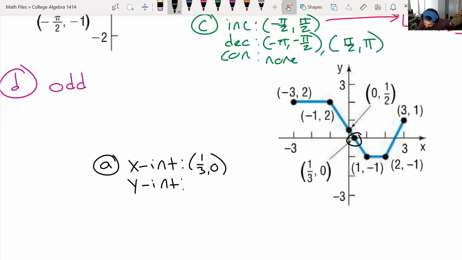And then right here, which is not clearly stated, but I'm going to say 2.5 and 0. Or 2.5 is also known as 5/2 and 0. And then for my y-intercept, right there on the y-axis, 0, 1/2.